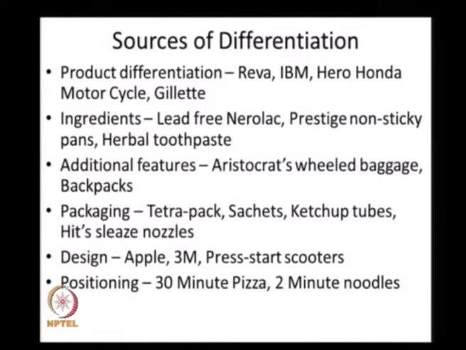Or differentiation from the positioning itself. The 30-minute pizza order, where you get your pizza in 30 minutes, or your 2-minute noodles, that was Maggi's differentiation strategy, noodles within 2 minutes. So, positioning is also a very strong source of differentiation, and you can add others to this list as well.